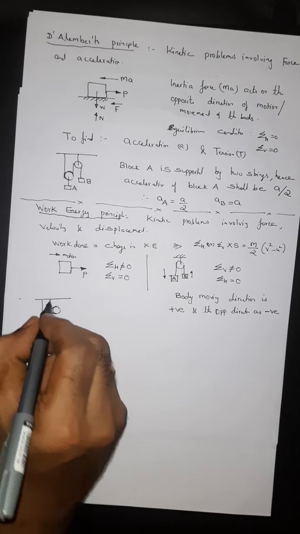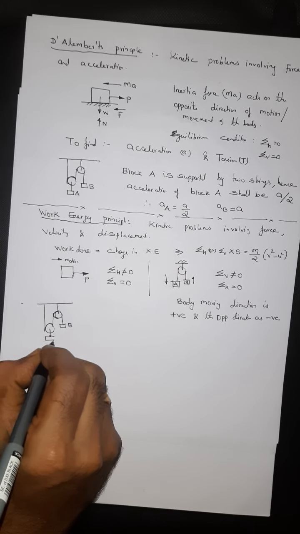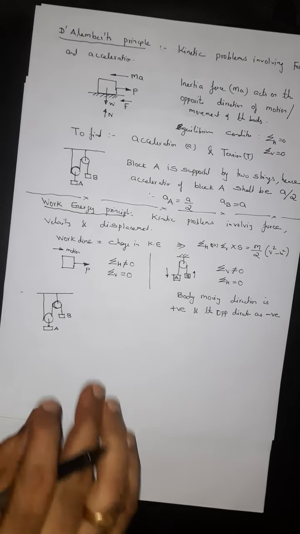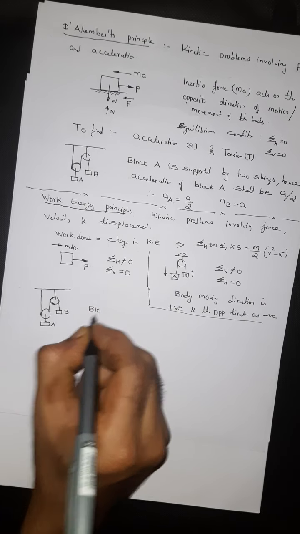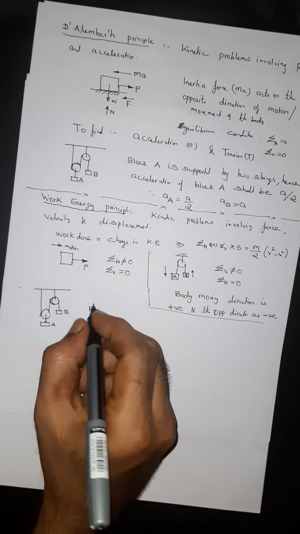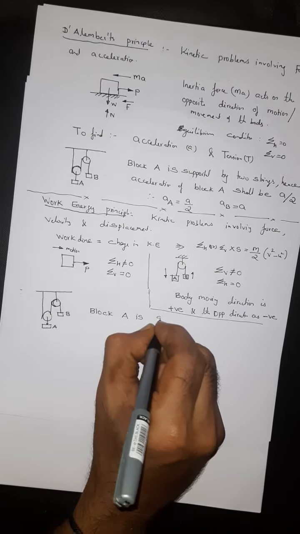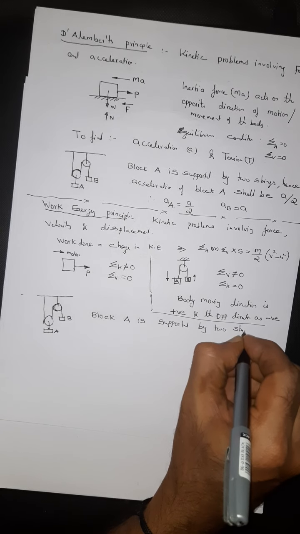So this is block B and this is block A. Here, assume block A is greater than block B. So block A is supported by two strings.